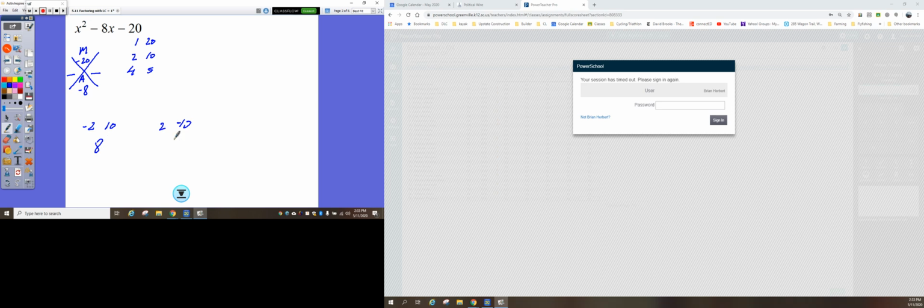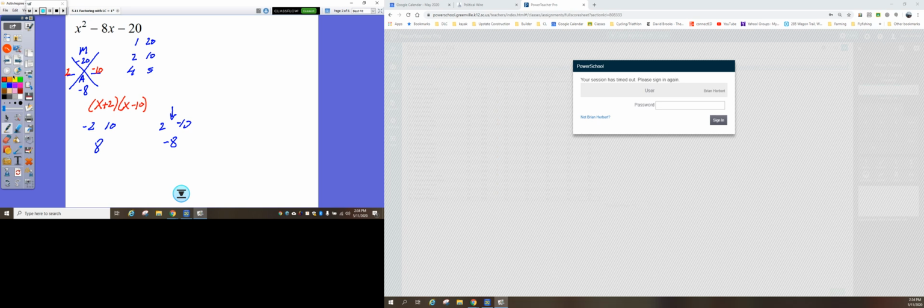And 2 minus 10 gives me a negative 8. So these are going to be my factors right here. So we plug them in: 2 and negative 10. And from here, we'll check before we do anything further. 2 times negative 10, negative 20. 2 plus negative 10, negative 8. Okay, so x plus 2, a positive 2, and x minus 10. And that's how I factor it.